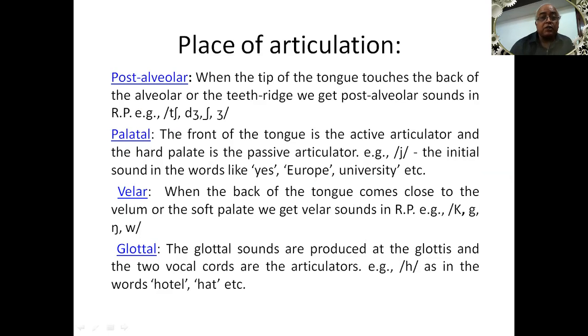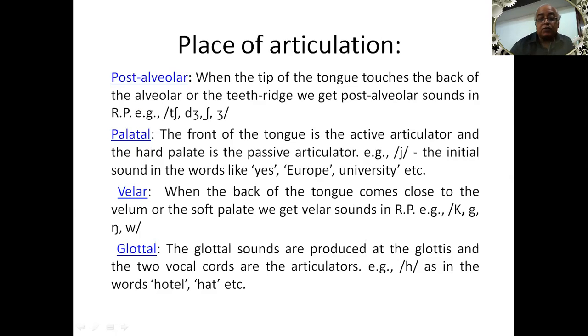Next we have the palatal sounds. The front of the tongue is the active articulator and the hard palate is the passive articulator. Example, y, the initial sound in words like yes, Europe, university, etc. Then we have the velars.